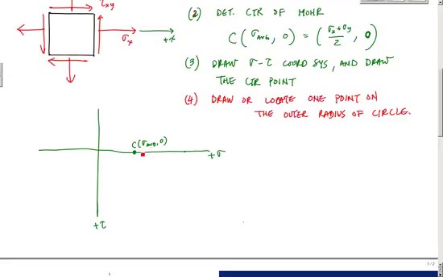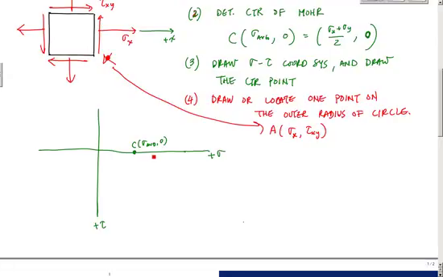Here, that outer point, we'll call it point A, is just sigma x comma tau xy. The values that are up here in this state of stress, we just take them directly to this point right here. Sigma x would be some number.